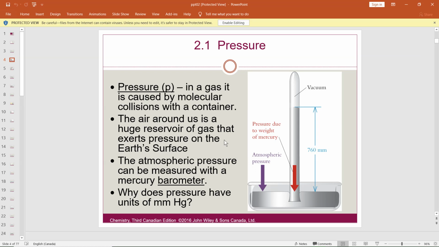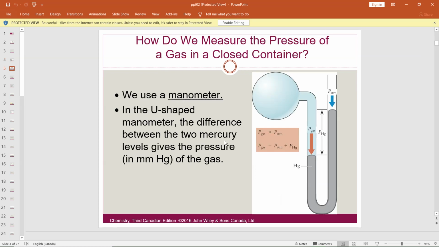And units of millimeters of mercury are used because you can measure the height of the mercury in a barometer.